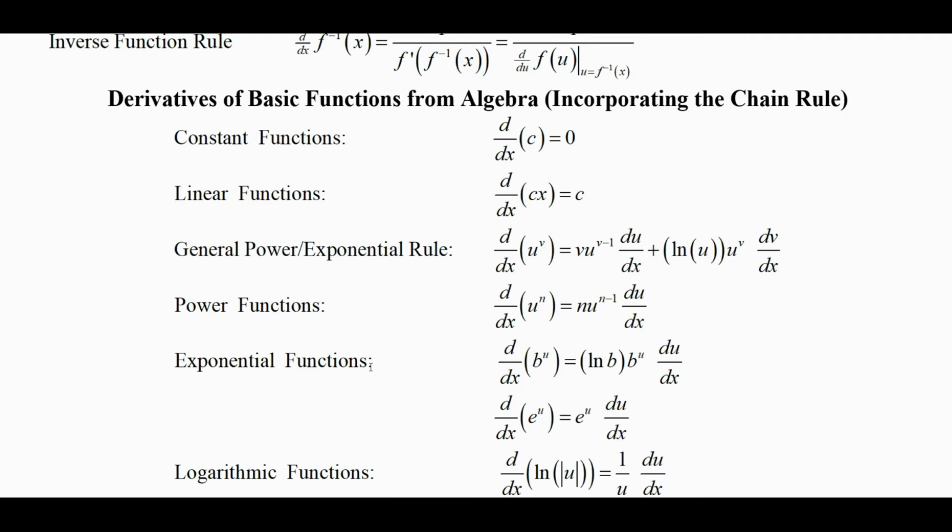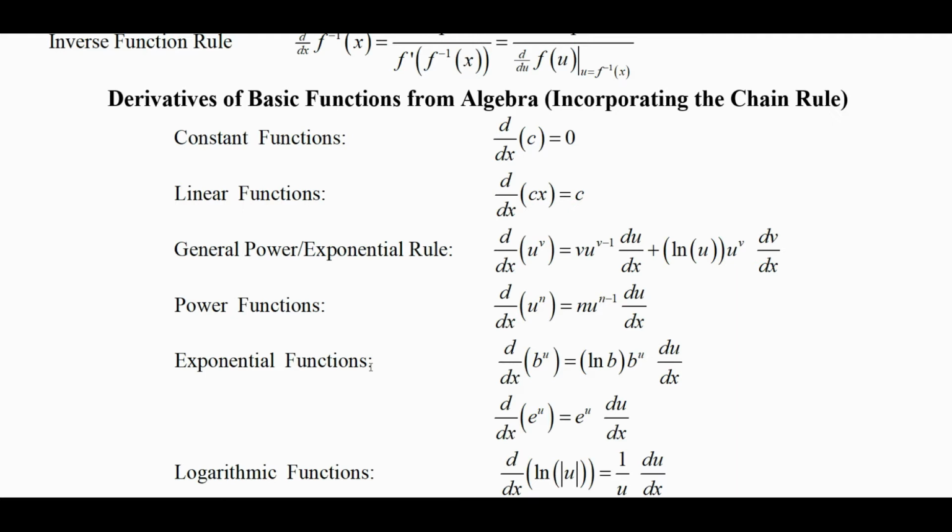The derivative of a constant is 0. The derivative of a constant times x is just c. It's just a constant. We have a generalized power exponential rule that says the derivative of u to the v. Now notice we've made two substitutions. u and v are both functions of x.